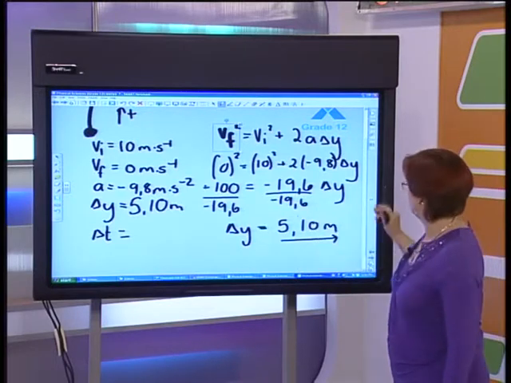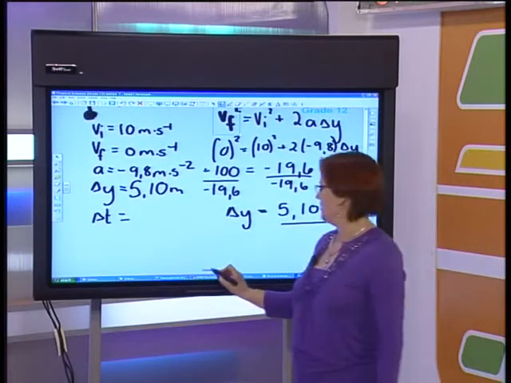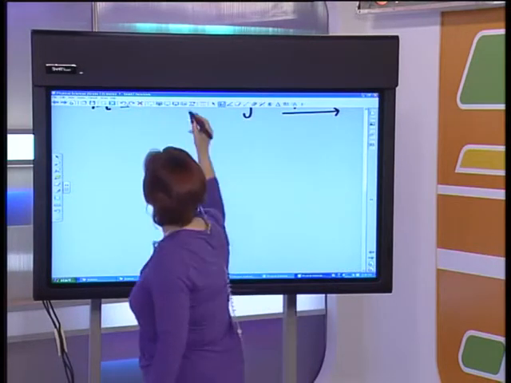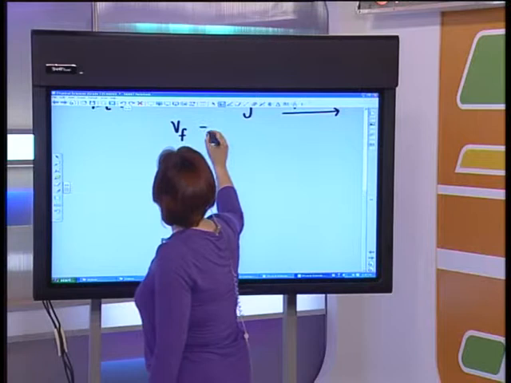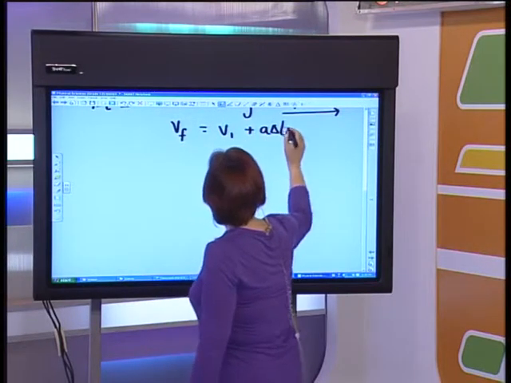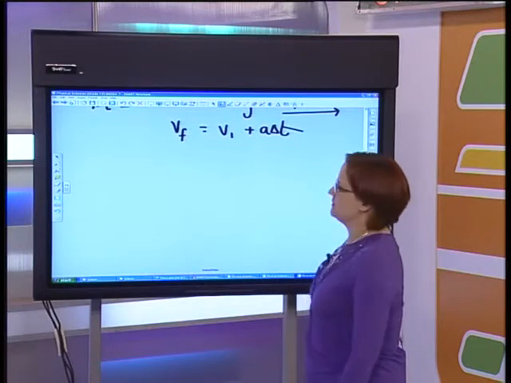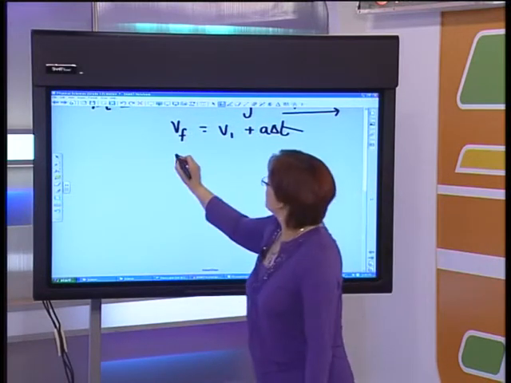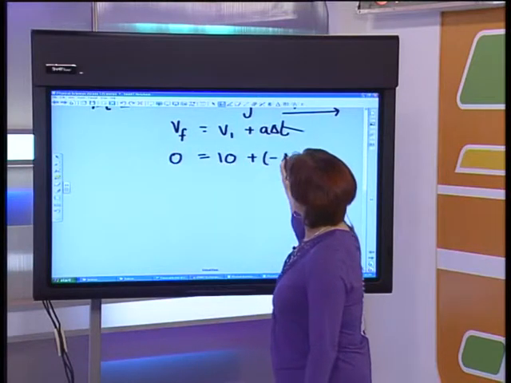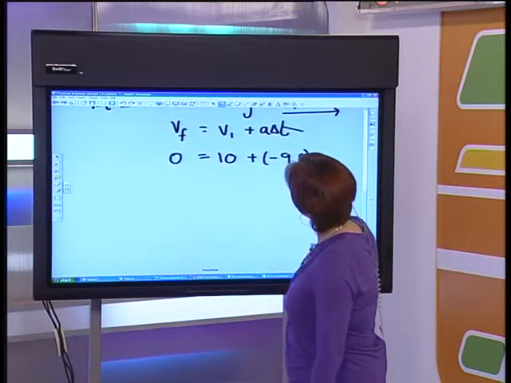Because of the information we're given, we can use the equation Vf equals Vi plus A delta t, and my t's gone for a run. So that's 0, and that's 10 minus 9,8.